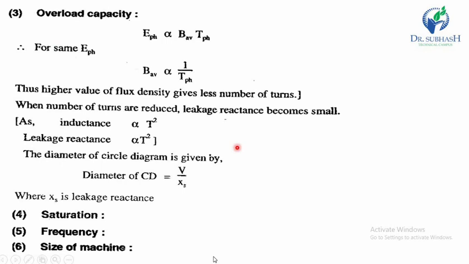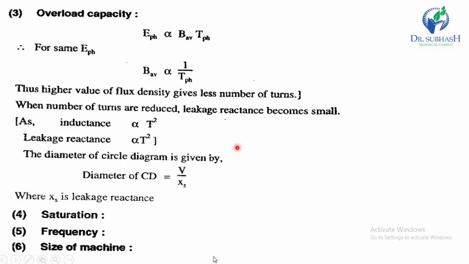Now the overload capacity. Overload capacity of a machine is influenced by the value of average flux density. Flux density is inversely proportional to the area, and a higher value of flux density means a larger value of flux per pole, because B is equal to phi by A, which is the flux density equation.